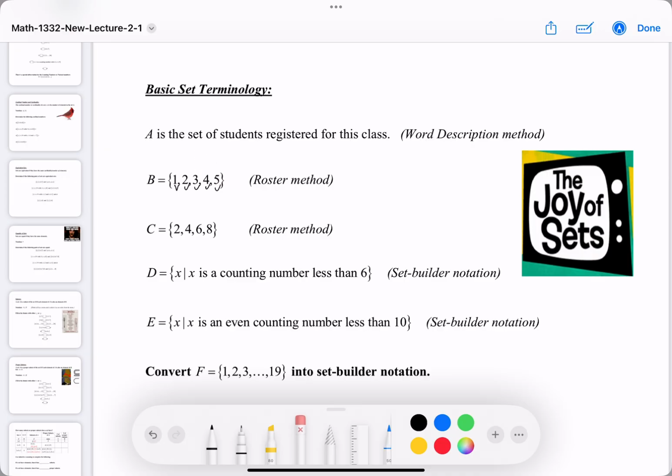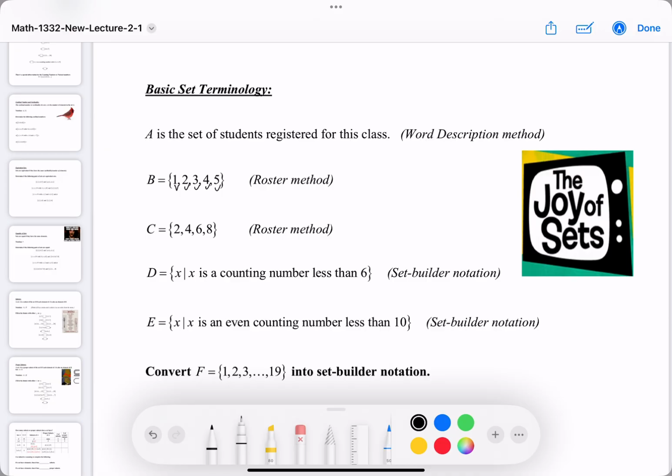Let's see D. D is equal to all of the x such that x is a counting number less than 6. We call this one set builder notation.